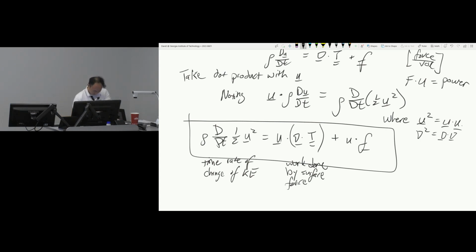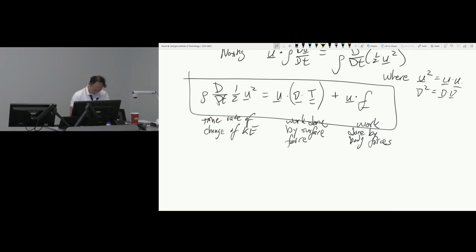And then you have work done by body forces, if your whole thing is rising or falling in a gravitational field. For example, if F equals rho g, then U dot F is basically the time rate of change of your gravitational potential energy.